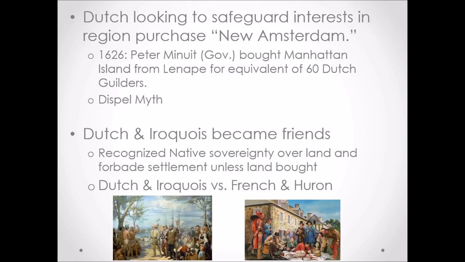The Dutch would ultimately recognize the sovereignty of the natives for the most part, and they didn't agree with just coming in and taking it. That's why you have this exchange, or attempted exchange anyway, to buy this land, and they respected them, which is more than you're going to get from many of the other European groups.